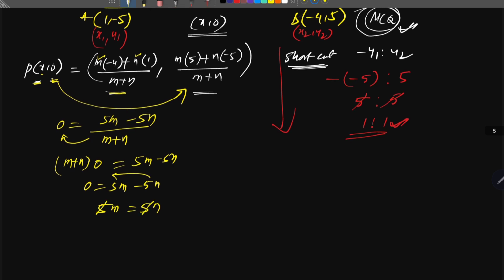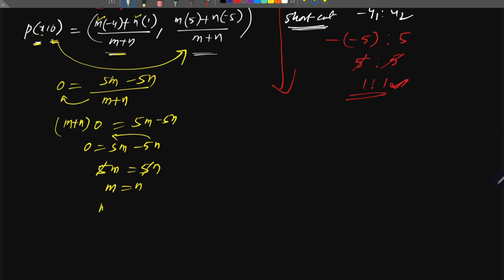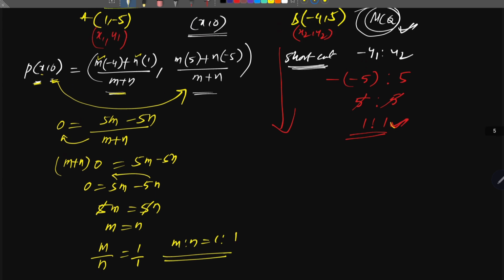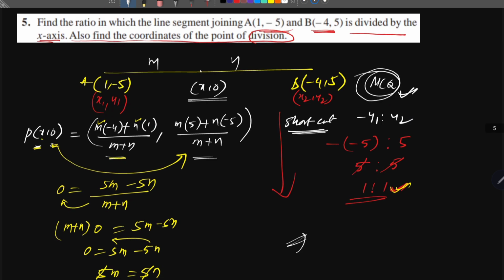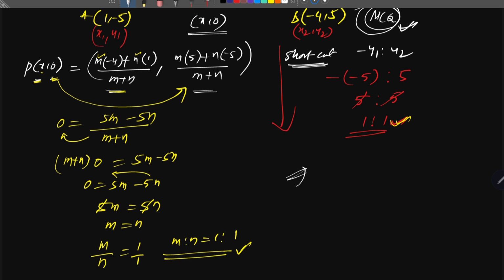The 5 cancels, so m is equal to n, and in ratio m by n is equal to 1 by 1, so m is to n is equal to 1 is to 1. Here also we got the same answer. Now after finding the ratio, we need to find the coordinates of the point also.